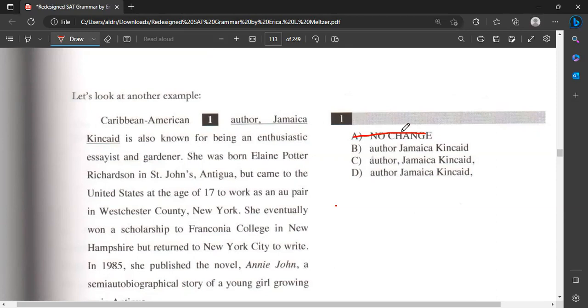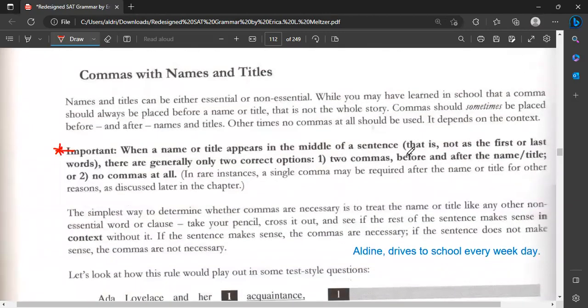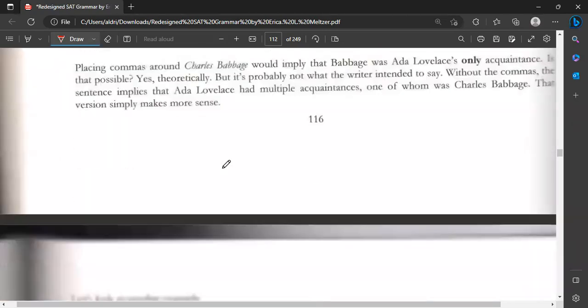All right. So remember, whenever a name appears in the middle, not the first or the last, it's either two commas or no commas. There are some rare instances when you can have a single comma, but we haven't seen any so far.